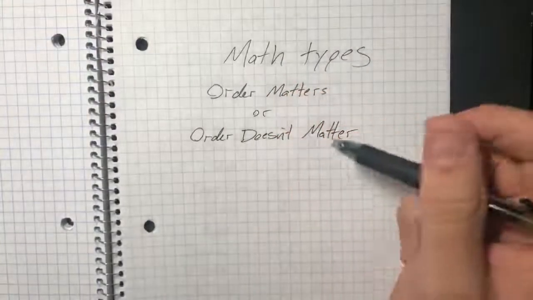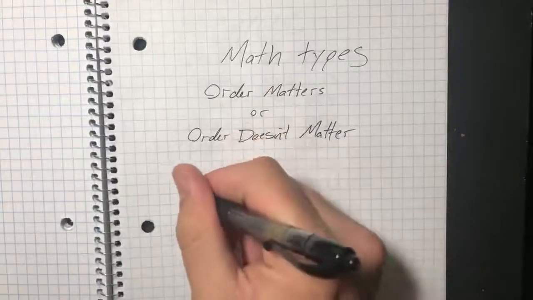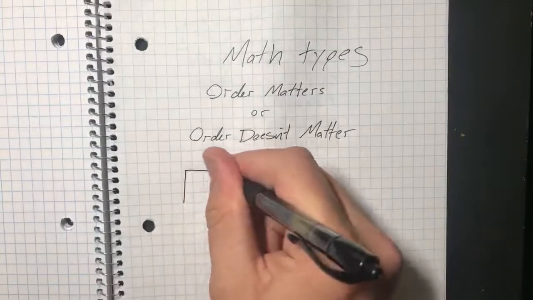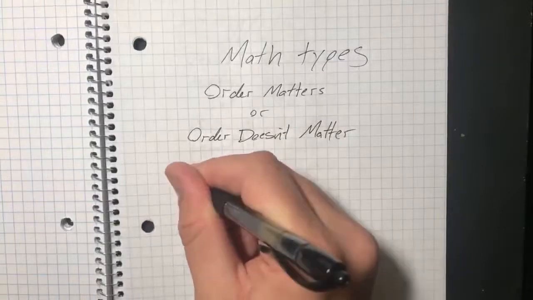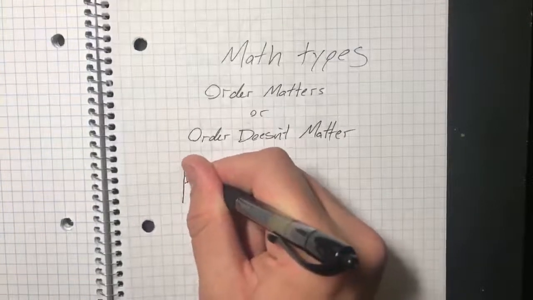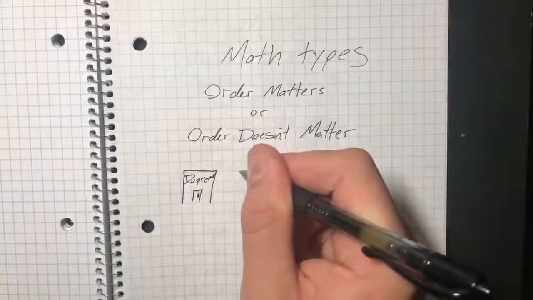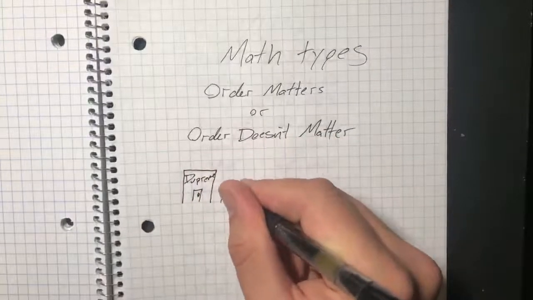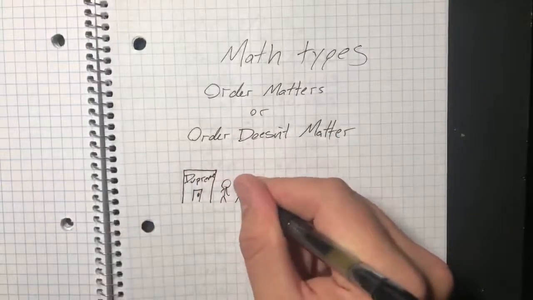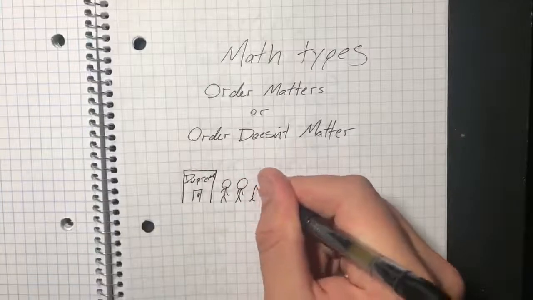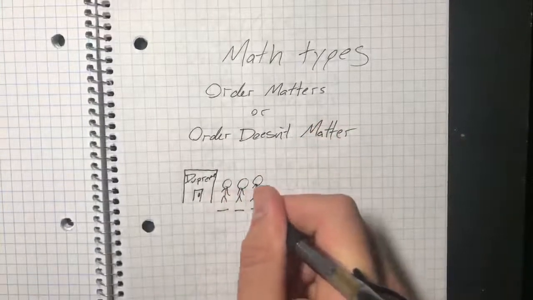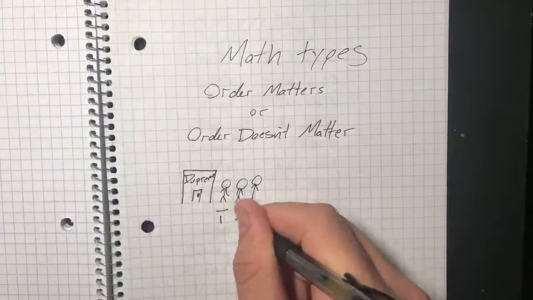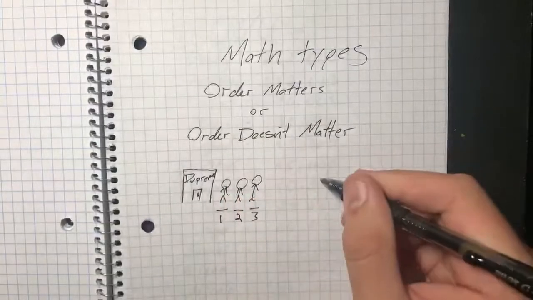Now, you have to think of it like two different concepts. First, we have Dupreme, and there's homies, right? And there are three spots in line. There's the first, there's the second, and there's the third.